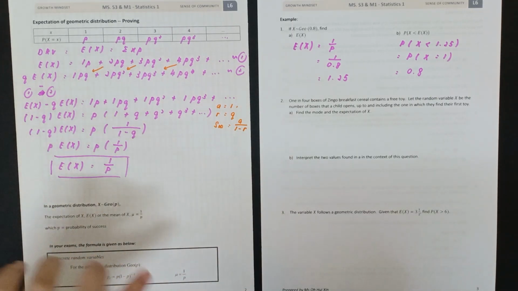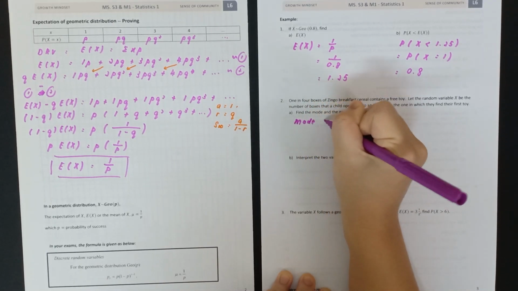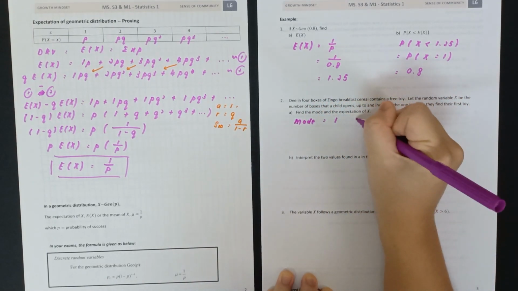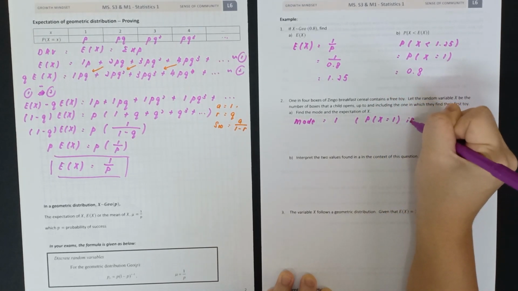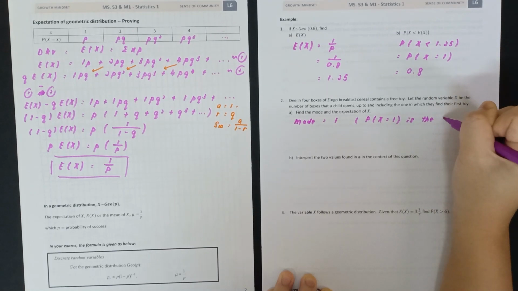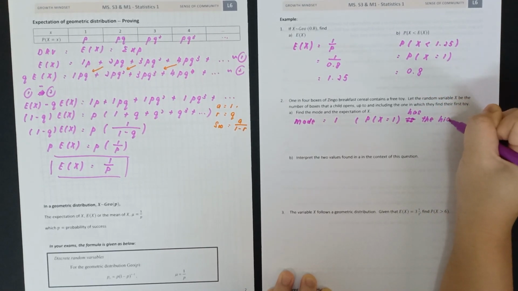So please refer back to the first page of notes if you have forgotten this. So basically the mode will be equals to 1, because P(X = 1) is the highest. Okay, it has the highest probability.